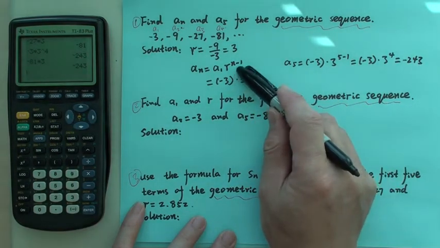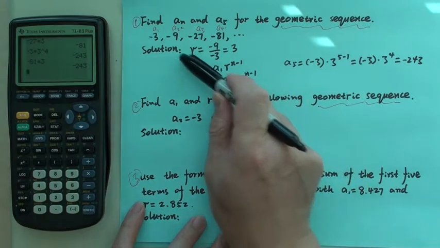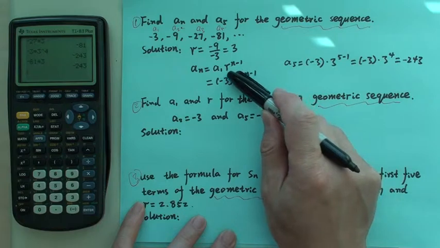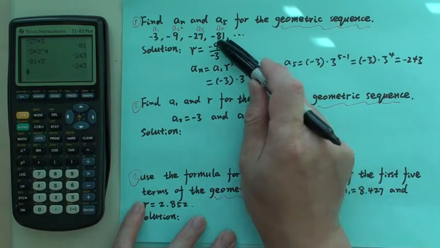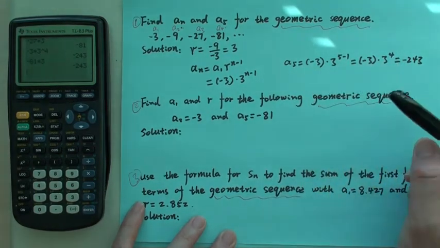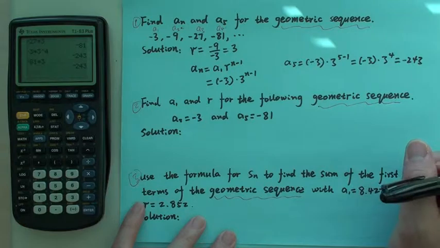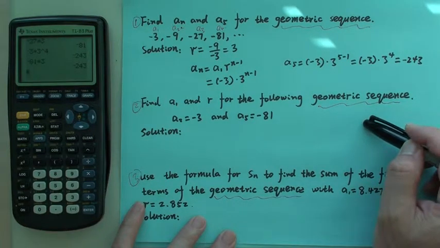Here it is just the exponent. You times r, you get the second, times r squared, you get the third, times r cubed, you get the fourth. Times r to the fourth, you get the fifth. Similar, not exactly the same.